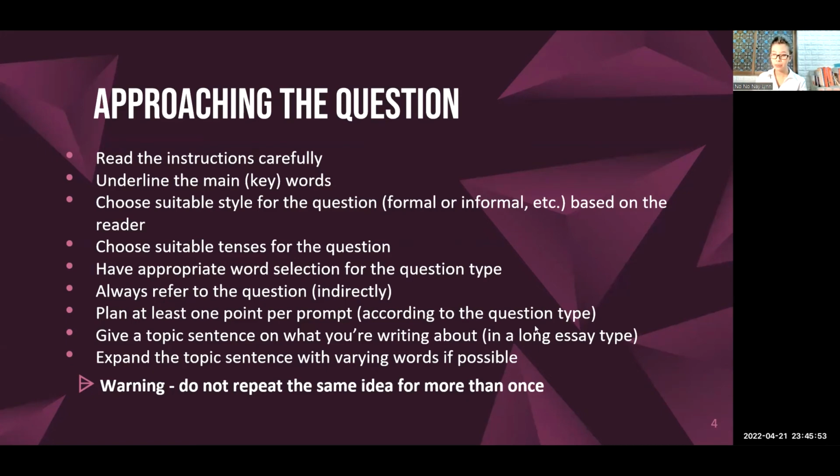So for the email type that we have just looked at, it's a very short paragraph type, so you don't have enough space to expand each and every fact that's given in the statement and the question. Each fact that you write, referring back to the question, will already be a topic sentence automatically, so you don't have to expand the idea again.